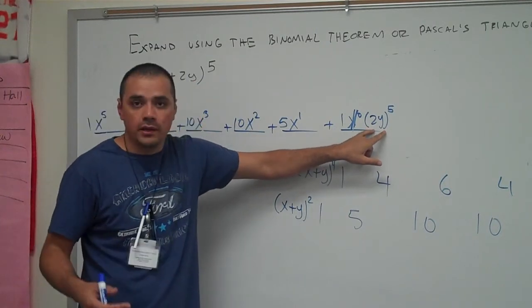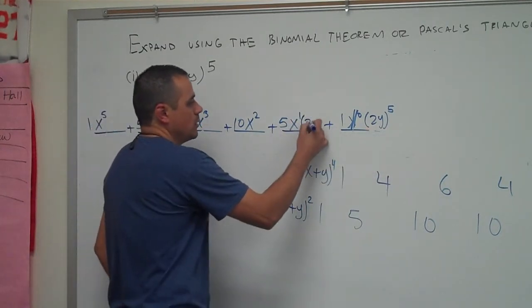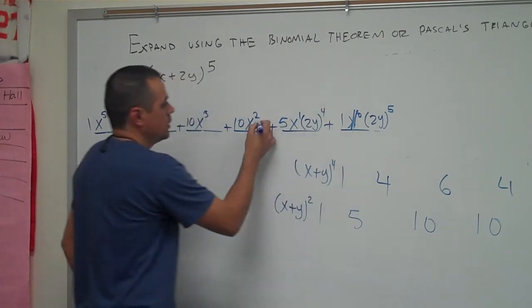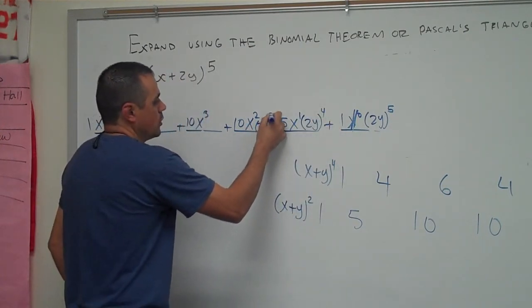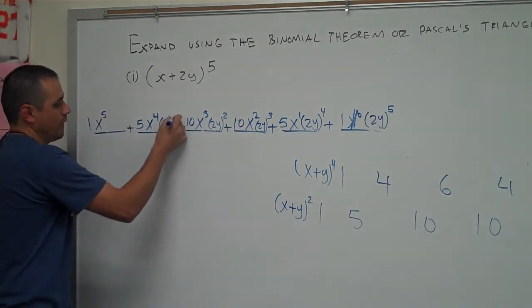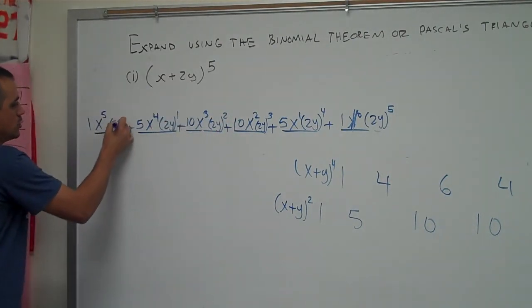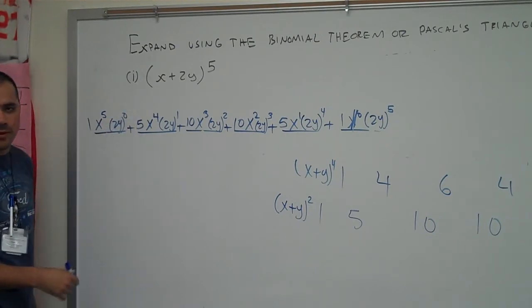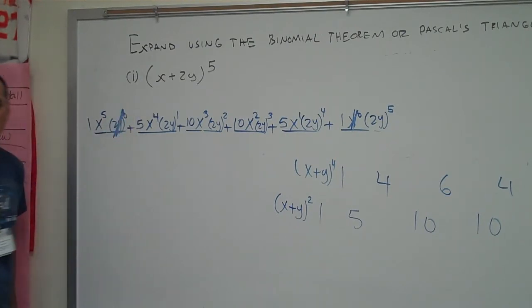I mean, not just the y. It's the whole term. So this is going to be 2y to the 4th, 2y to the 3rd, 2y to the 2nd, 2y to the 1st, and last but not least, 2y to the 0 power.